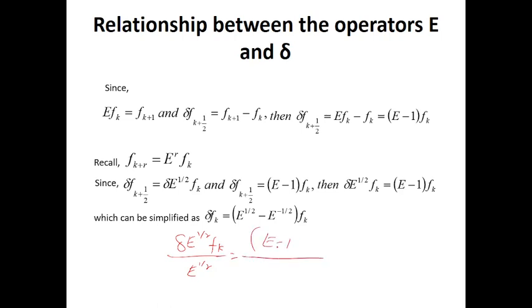(E minus 1) f sub k over E to the 1 half. So cancel, okay. So delta f sub k. So ayun siya, no? Then (E minus 1) f sub k over E to the 1 half.